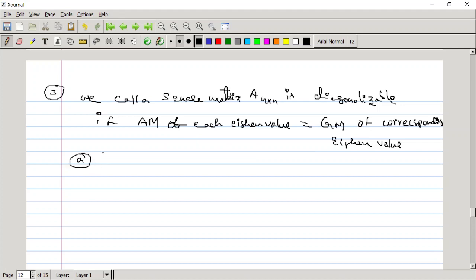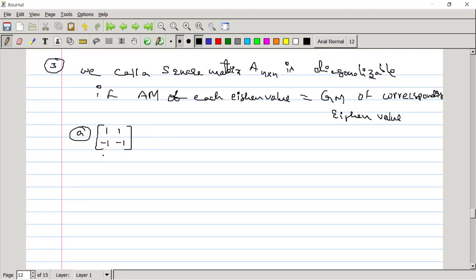So the given matrix is 1 1 minus 1 minus 1. Firstly we will calculate the eigenvalues. This problem is a little lengthy. To calculate the eigenvalues we have to see the characteristic polynomial, that is the determinant of xI minus A, that is the determinant of x minus 1, 1, minus 1, x plus 1.